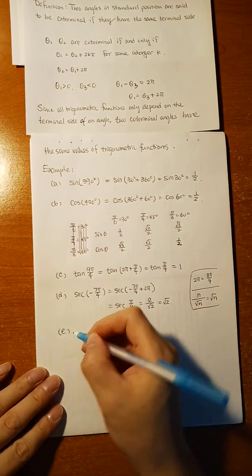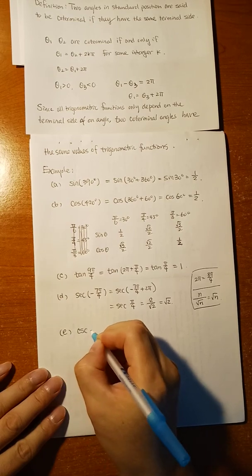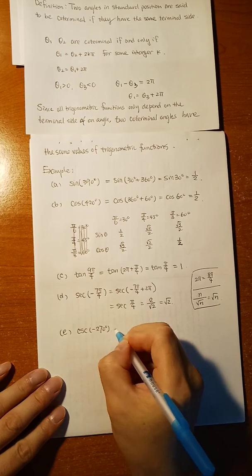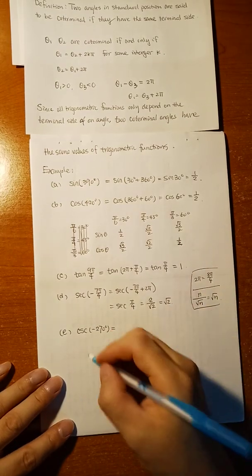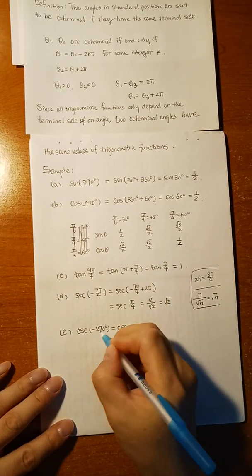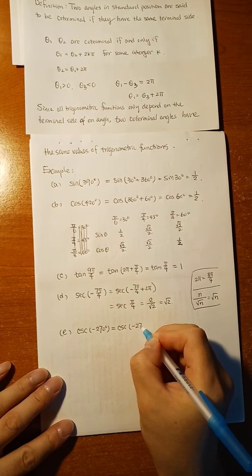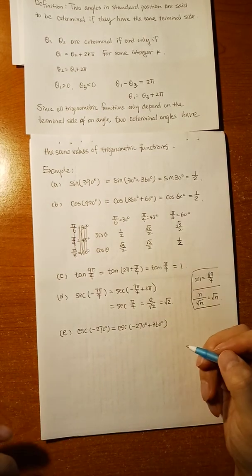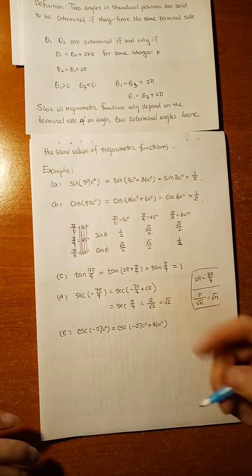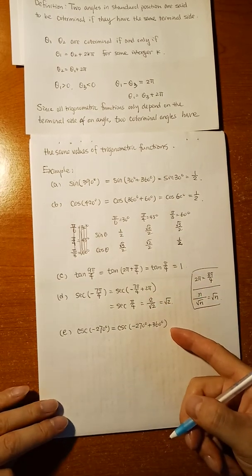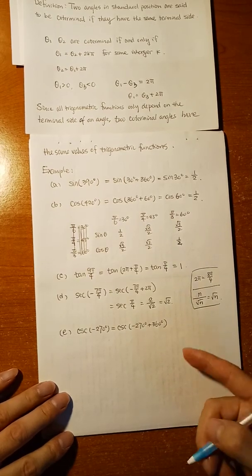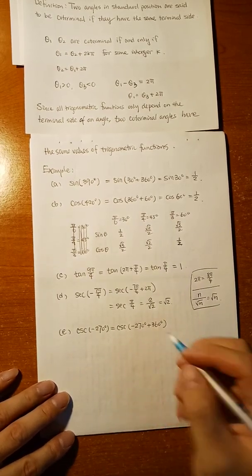And E. Cosecant of negative 270 degrees. And similarly, I don't like negative angles, so add 360 degrees. I change it to a positive angle without changing the terminal side. Remember, I always keep the terminal side in order to have the equality.